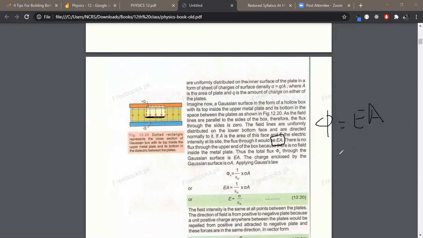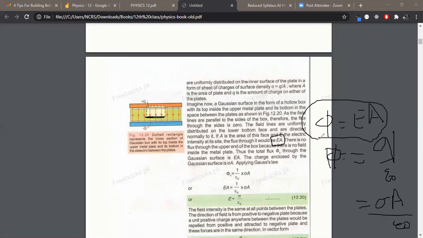And again, using Gauss's law, flux equals Q by E naught, and we can replace Q with the charge density, sigma A, divided by E naught. Our flux through the Gaussian surface is EA, and both the A factors can be cancelled out, and the electric field will be equal to sigma by E naught.